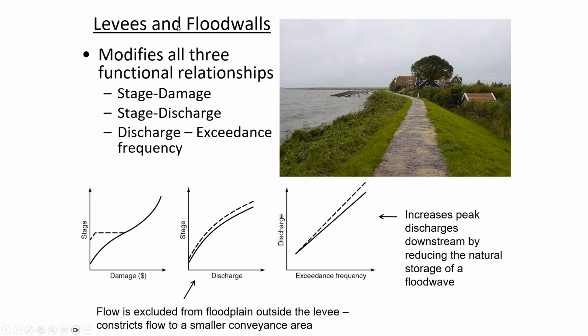With flood walls and levees, you're enhancing the channelization, and so the water can move more quickly, and that leads to higher peak flow rates. So this is actually a negative thing. We wish it didn't happen, but it does.